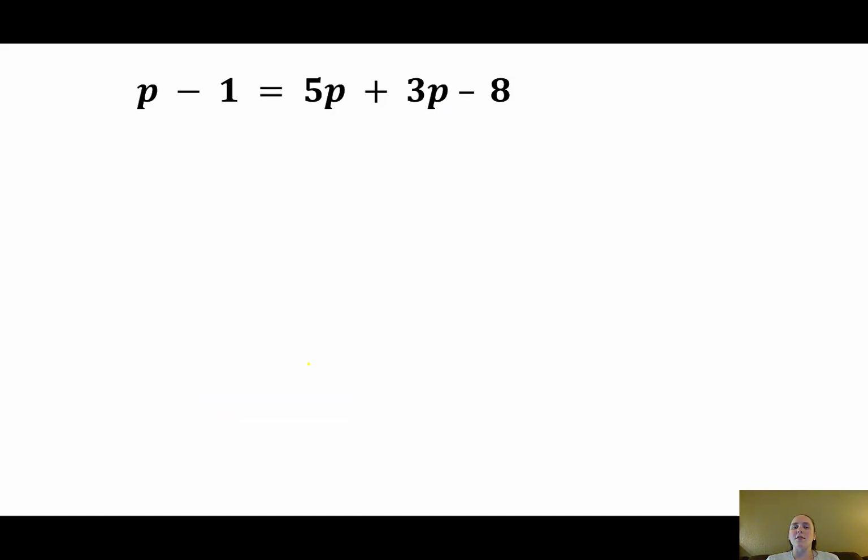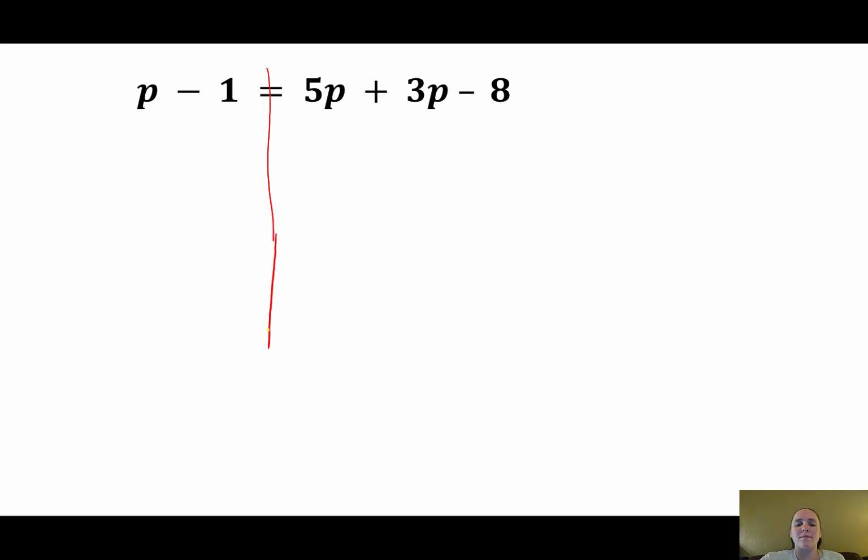Let's go ahead and look at another example. I've got p minus 1 equals 5p plus 3p minus 8. First, looking, do I have any like terms on the right or the left?